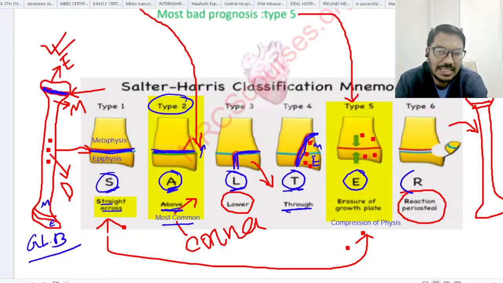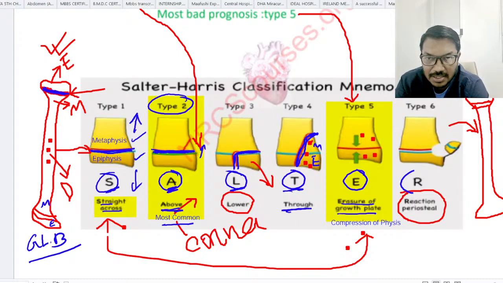Then E: E for erasure of growth plate. Erasure of growth plate means, as I said before, there is a minimum gap between metaphysis and epiphysis. When this gap increases, this is type 1. And when this gap decreases, this is type 5.